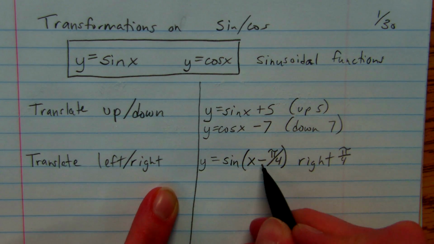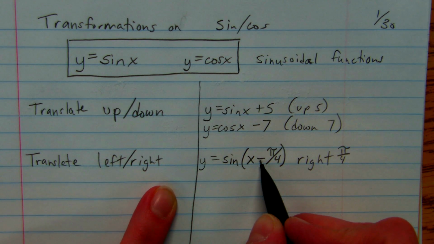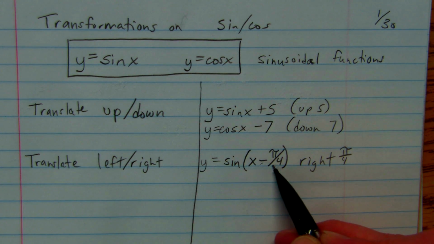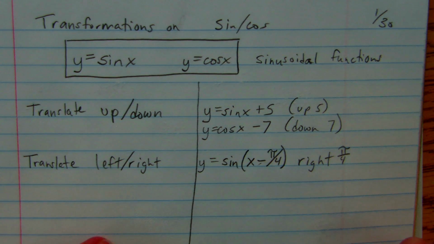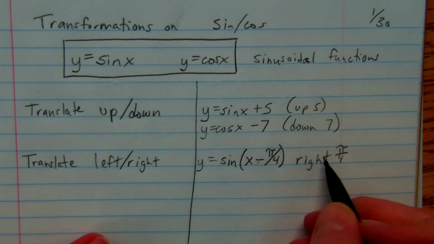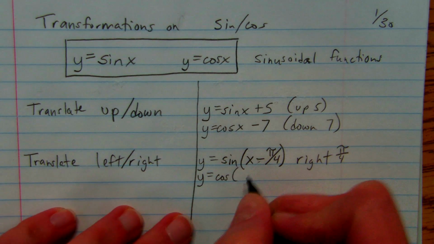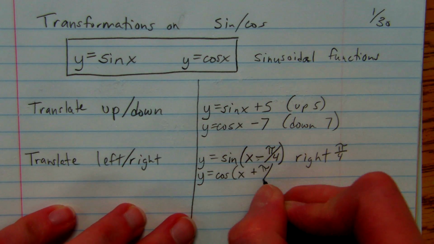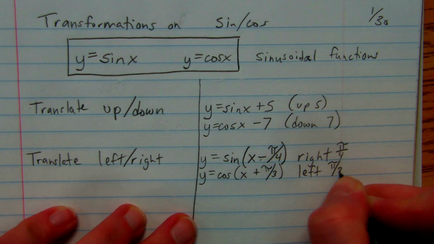It seems backwards because it's minus, but it has to do with some factoring stuff we did a long time ago. If I want to turn this into a 0, which is where it's going to hit the axis, then you subtract. Anyway, but this is how it works. Minus is right. And so then if I want to take cosine and I want to move it left, I will actually add. Let's say I'm going to go pi over 3 would move it left pi over 3.